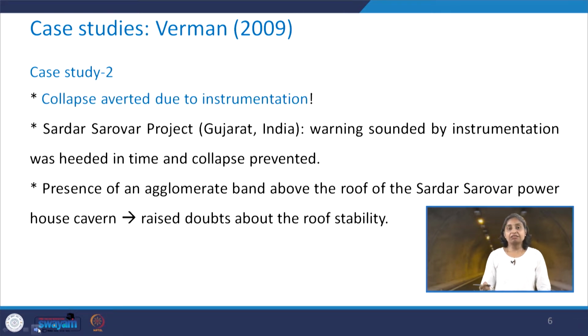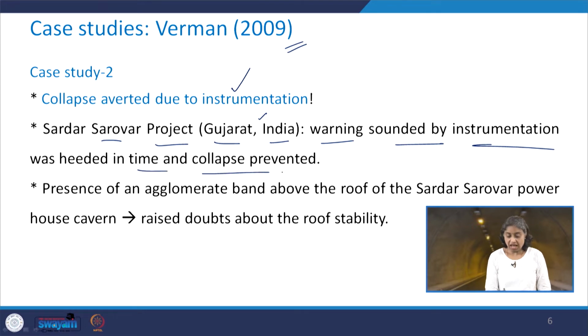Then the second case study, which was taken by the same person, was related to Sardar Sarovar Project in Gujarat, India, and in this case the collapse was averted because of the instrumentation. So, at this site the warning was sounded by the instrumentation, and that was heeded in time, and collapse was prevented.